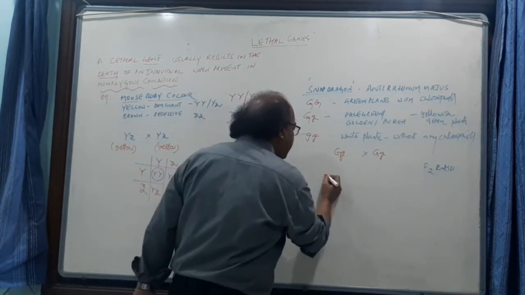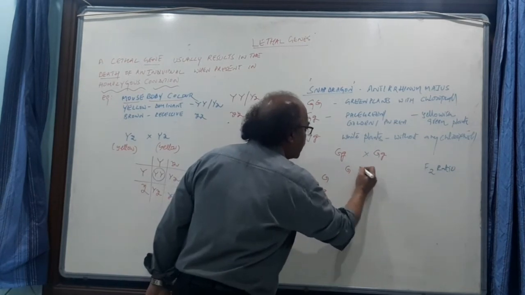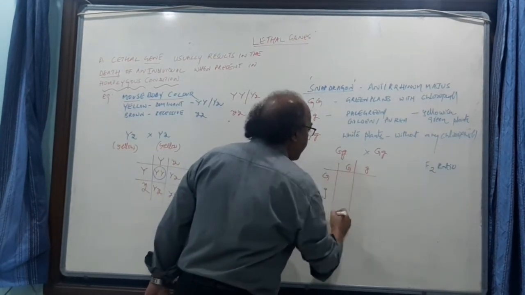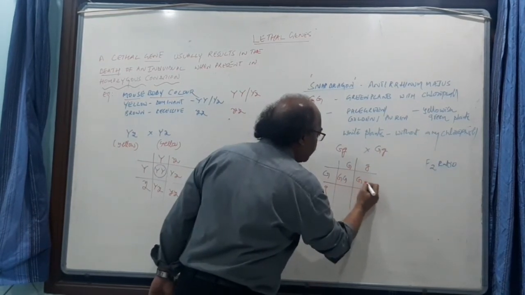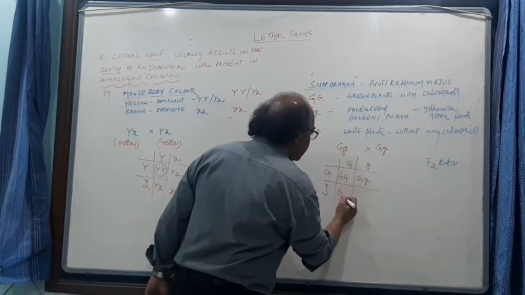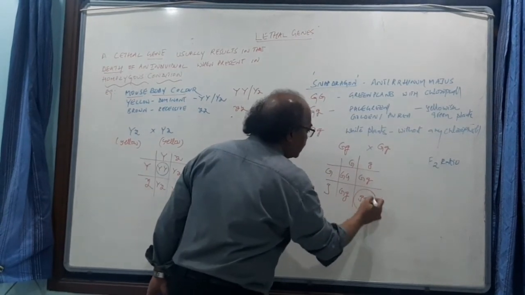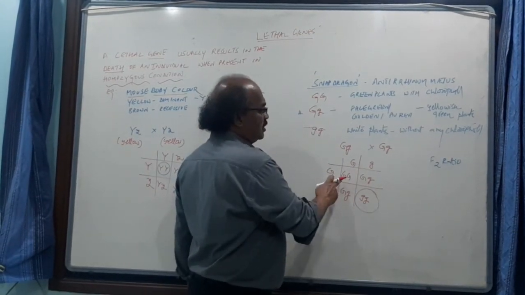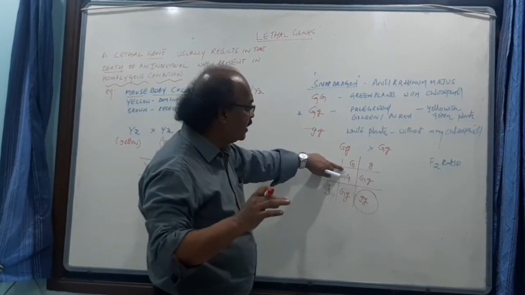What are the gametes? Capital G, small g from each parent. This one is pure green, healthy.